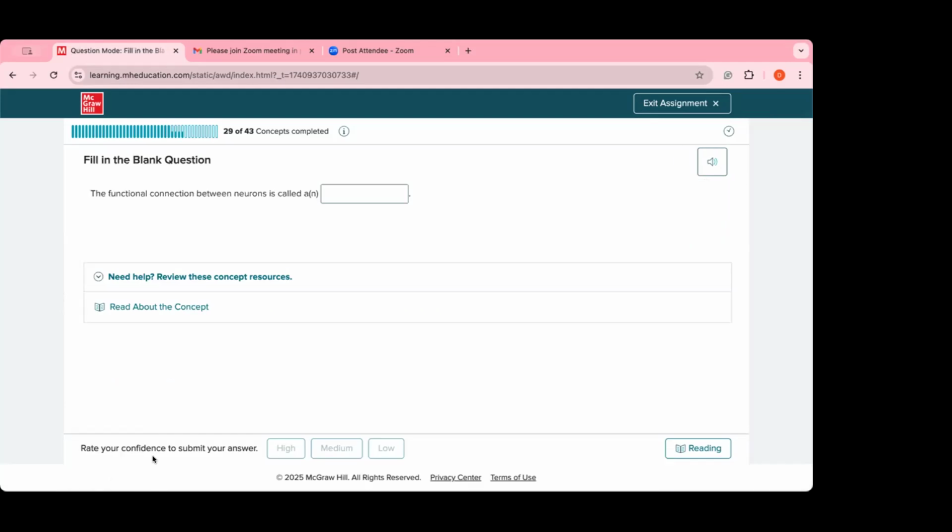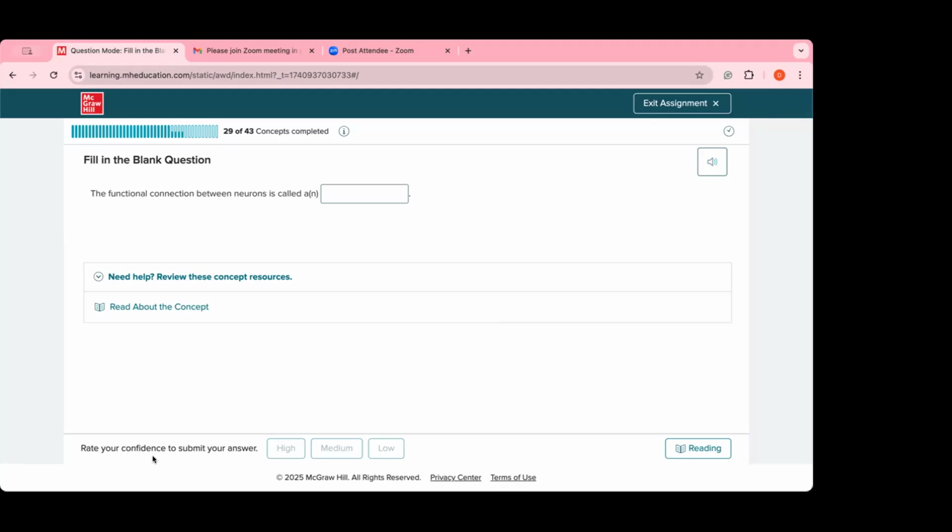The functional connection between neurons is called a blank. Okay, let's see. Let's look it up, but I think that would be a synapse.